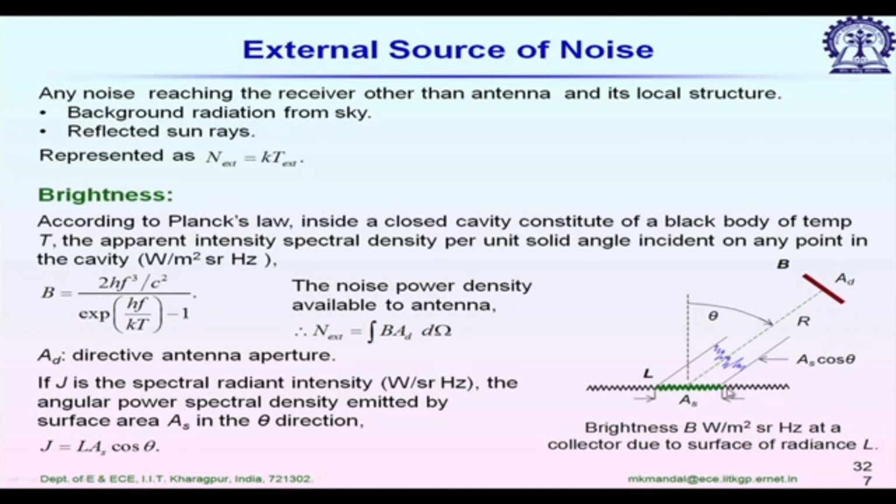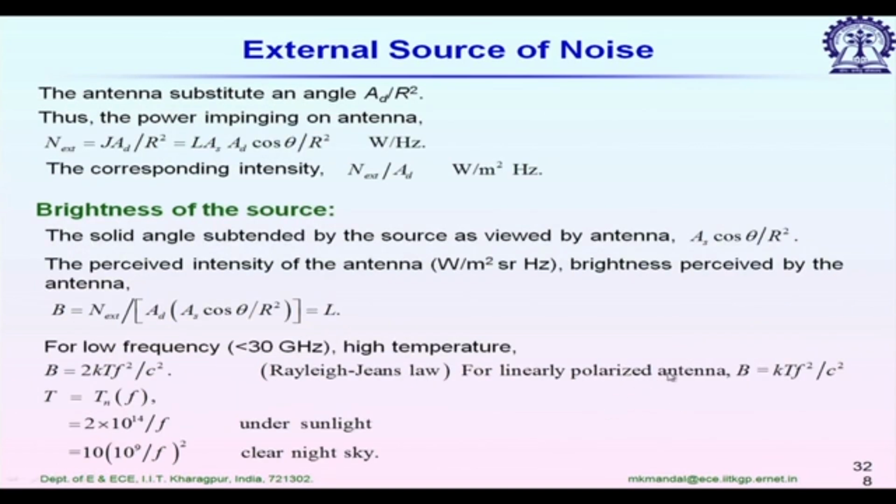We have to multiply L by this area term to obtain the total radiation received by the antenna. For that we can't take simply AS, because the antenna makes an angle theta. So we take the projection of AS, which becomes AS cos theta. The spectral radiant intensity at the antenna point is then L AS cos theta, and this is for unit solid angle.